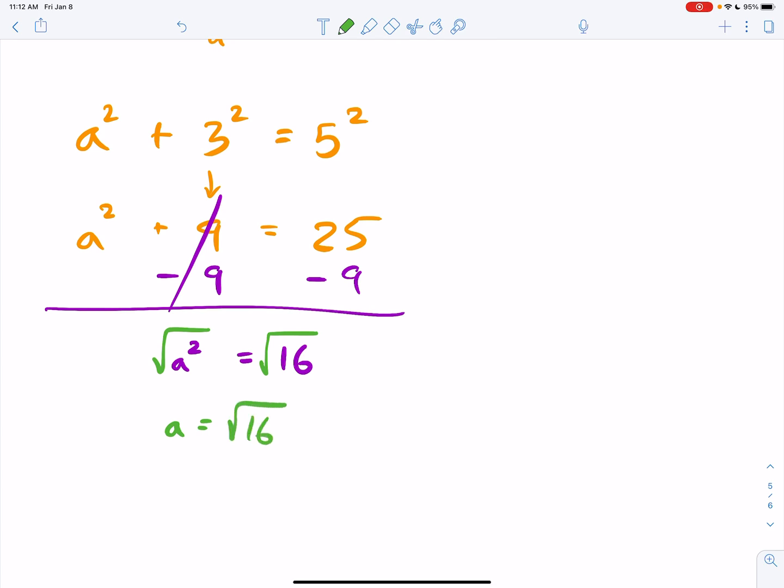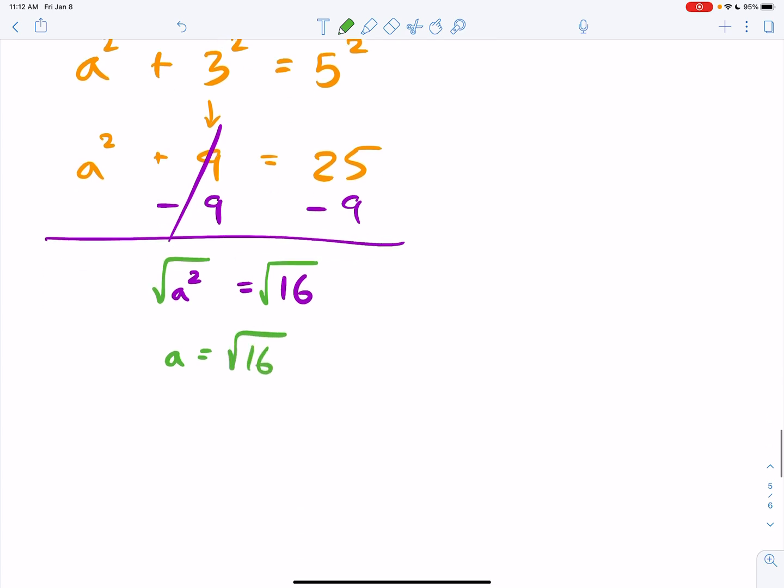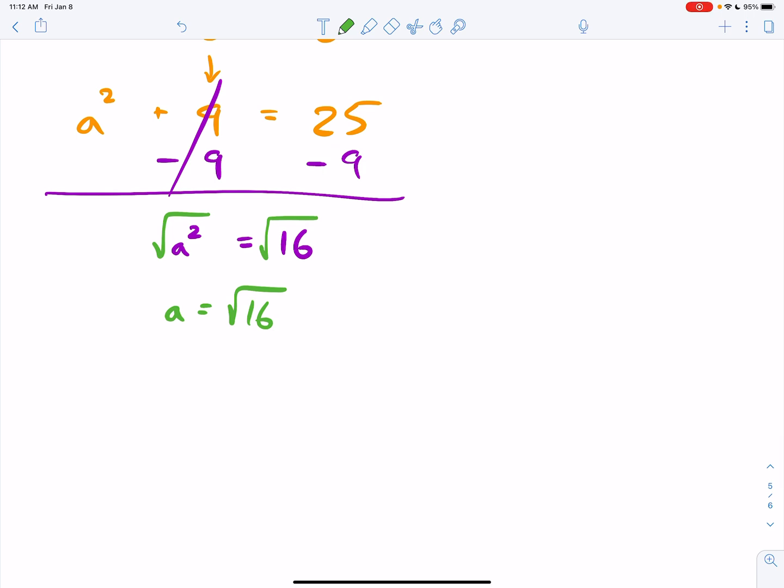Now, is there a number times itself that will give me 16? Okay, there is. 4 times 4, or 4 squared, will give me 16. So my answer is 4 here. Notice how I don't put the square root, because there actually is a value that will multiply itself to give you 16. So this here is actually my exact, but also my approximate.